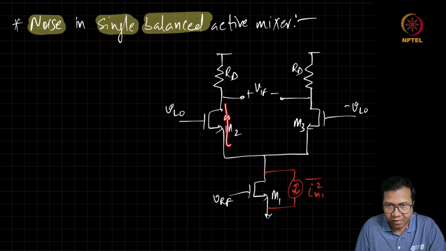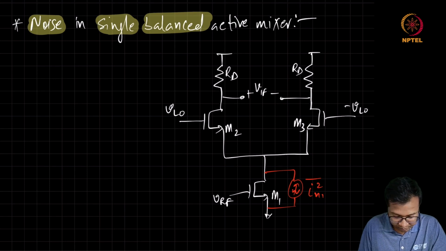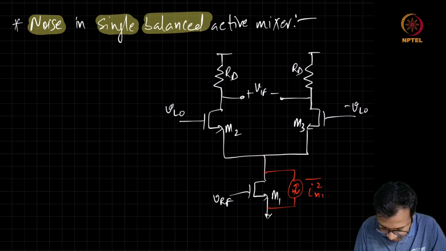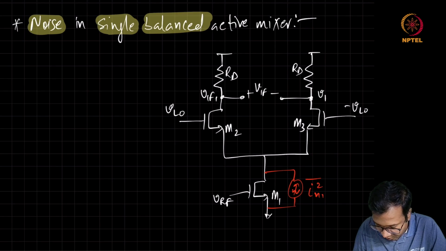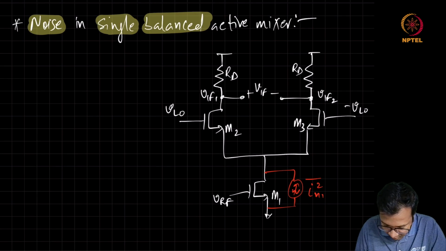If we are just looking at, let's say, the VIF1 output, and once we understand what is the noise PSD at this output, we can easily extend the same argument to find the noise PSD on the other output. Let me call it VIF1, VIF2, and the current here also I can call it as IIF1.